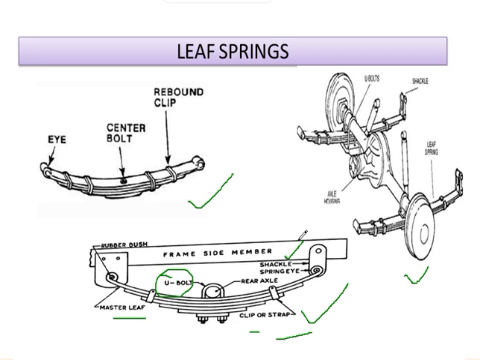When the vehicle comes across a projection on the road surface, the wheel moves up, deflecting the spring. This changes the length between the spring eyes. If both the ends are fixed, the spring will not be able to accommodate this change of length. This is provided for by means of a shackle at one end, which gives a flexible connection.